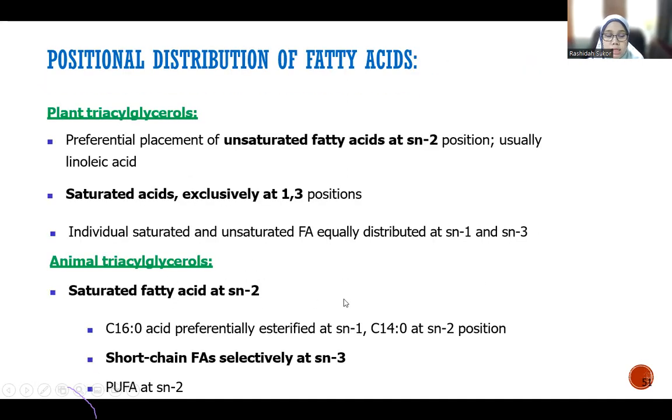This is mostly for animal fat. Short chain fatty acid selectively at SN number 3. Okay, this is a positioning of the SN1 to 3 depending on what type of fatty acid that you are looking at. Okay.